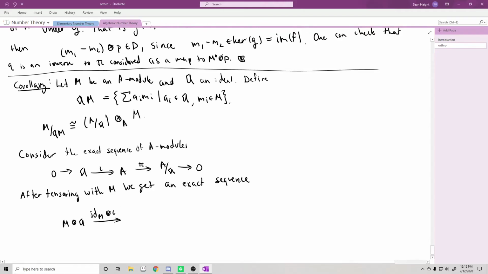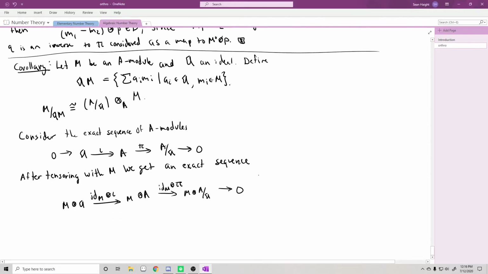Okay. So I've got this identity on M tensor my embedding I, M tensor A, identity on M tensor pi, and this finally ends up in this thing.